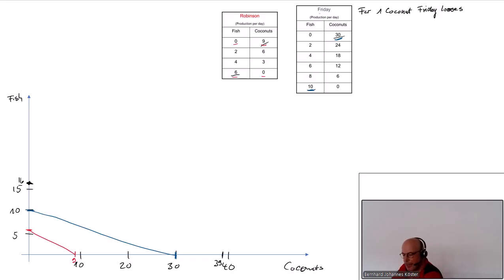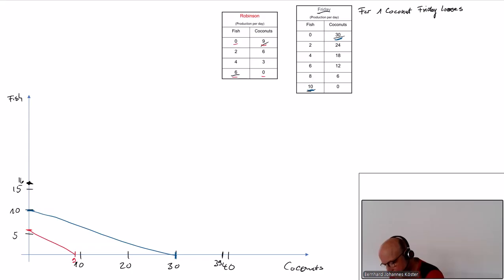If you look here at his production possibility, he is only increasing to one coconut.